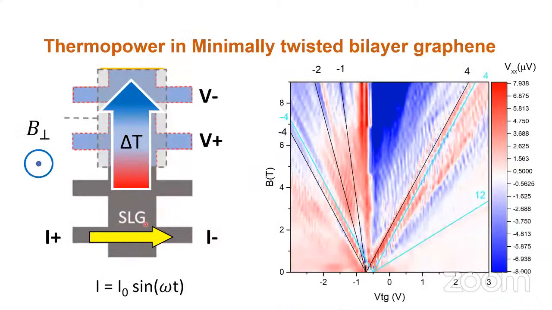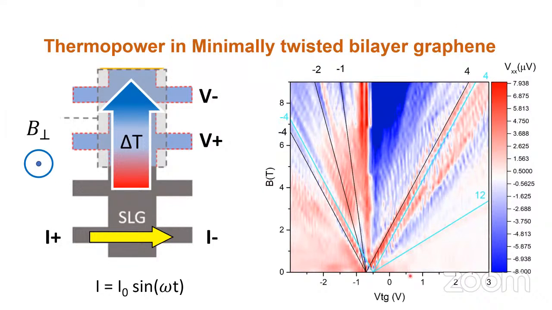If you do thermoelectric measurements, where you pass a current here and measure a temperature difference here, you will start seeing that, in addition, very nice structures start emerging. These are essentially oscillations in the thermopower.